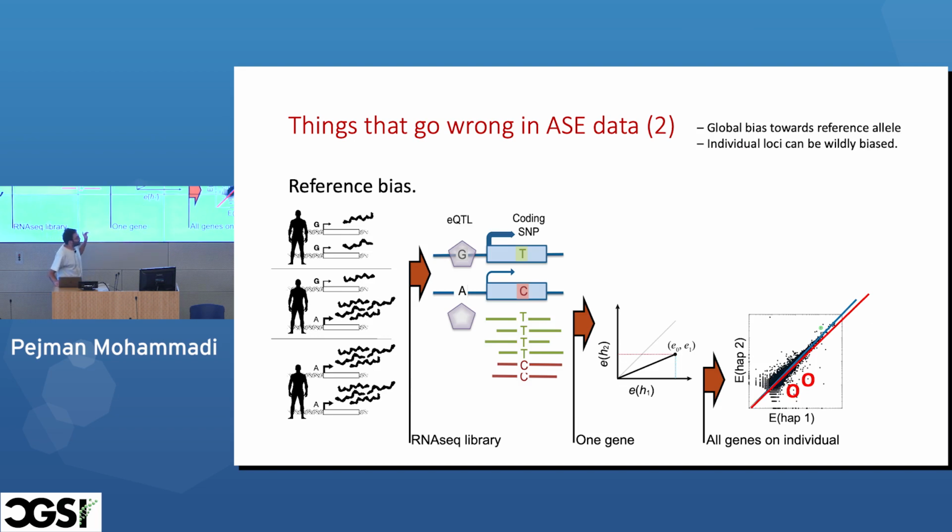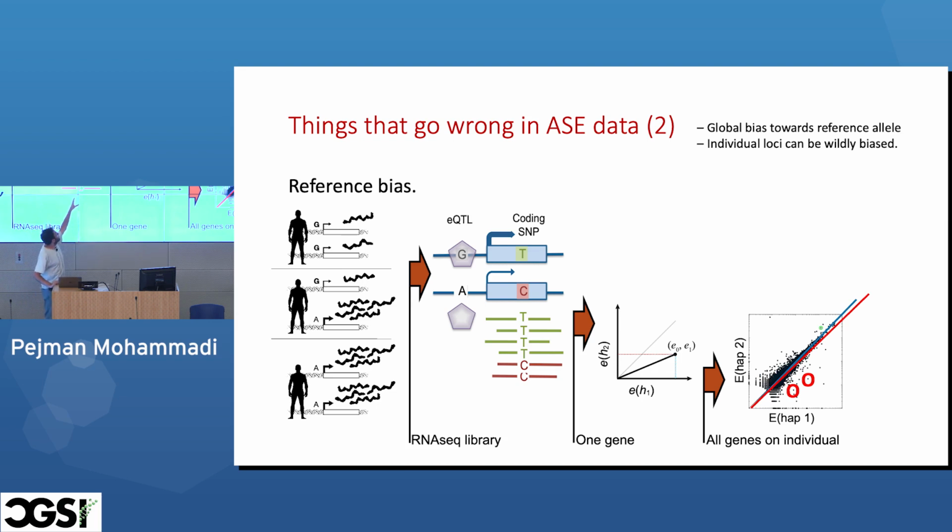Now, the second thing that can go wrong is that you could have global bias towards the reference alleles that you're looking at. This is because we're using a single reference genome, and by definition, when you're doing ASE you have at least one variant, a heterozygous position there, and probably by LD you have more.